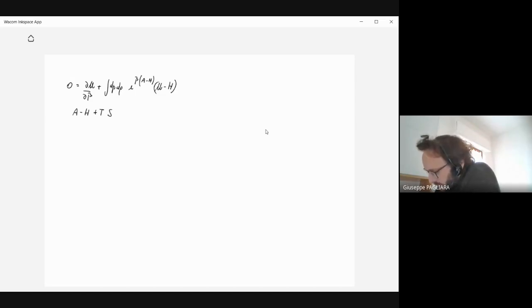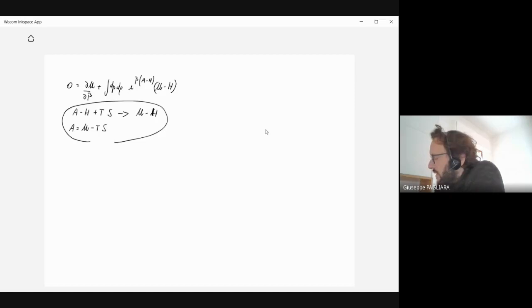Okay, it should be plus ts. And remember that u and a are related by this quantity. So a plus ts is actually u. Therefore, this is equal to u minus h. Therefore, by inserting this relation, I have a (u minus h) squared.